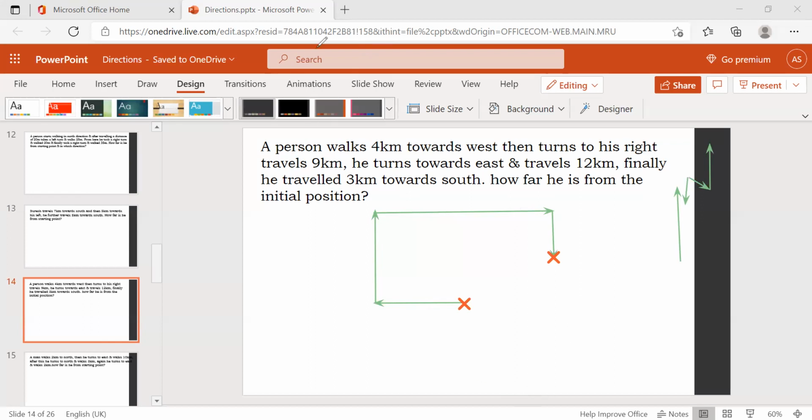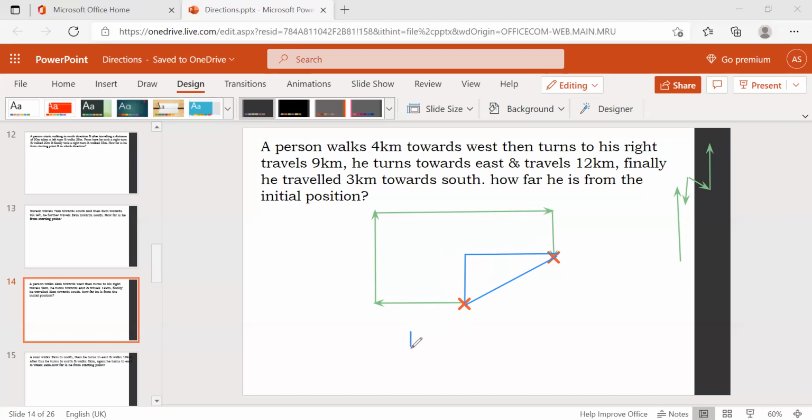So you need to find out this length, right? How are we going to find out this length? We need to find this and then this, then we can say this one. So how are we going to get this length and this length? Just check now.